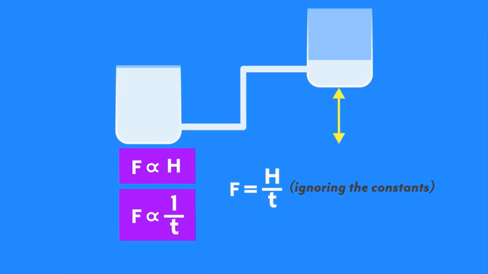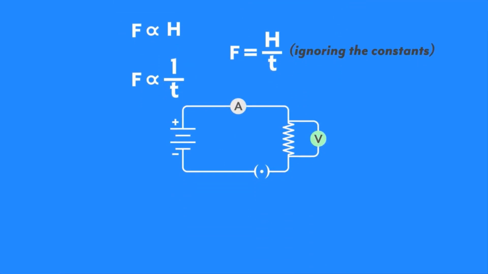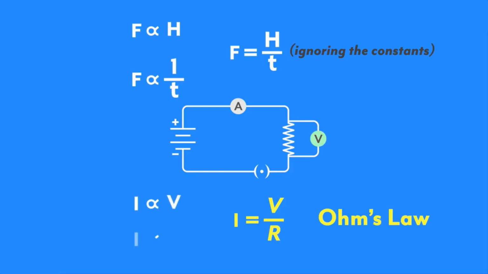Why did I give you this example? Because it's analogous to Ohm's law. The flow of water is analogous to the flow of current. The height difference is analogous to the voltage or potential difference. And the thinness is analogous to the resistance. The flow of current is directly proportional to the potential difference between the points and inversely proportional to the resistance.